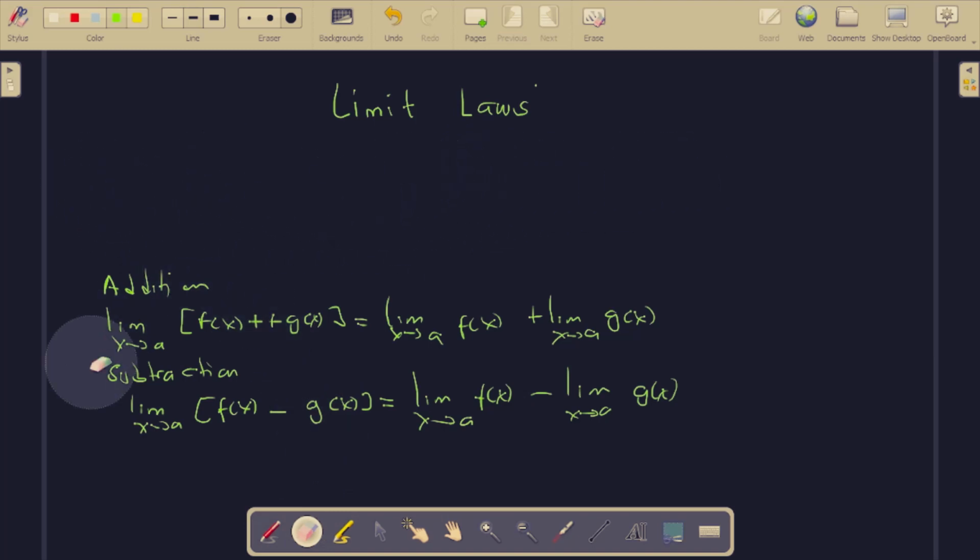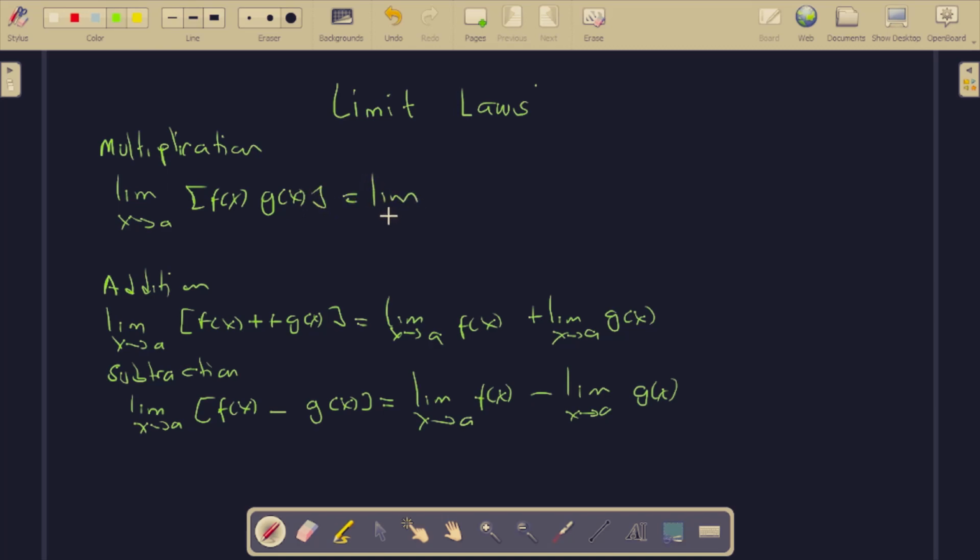And the third limit law has to deal with multiplication, multiplying two functions. So what is that limit law? We have that the limit as x goes to a of f of x multiplied by g of x is not a sum; basically here we have to have a product, because we have a product of functions there.